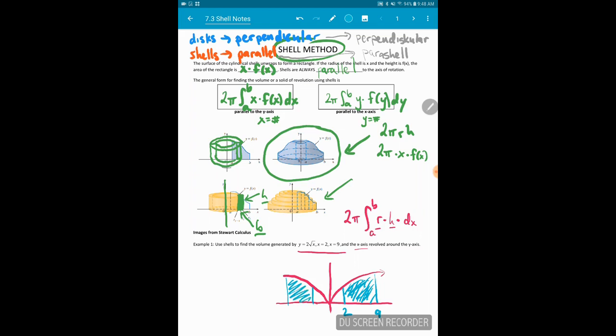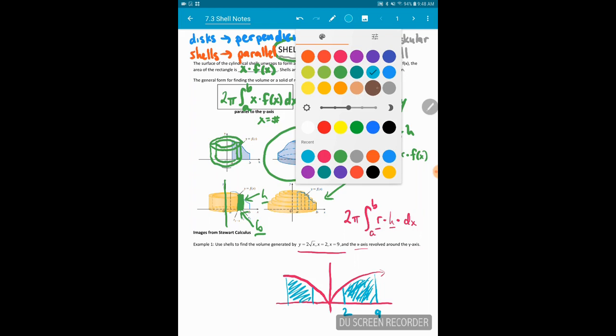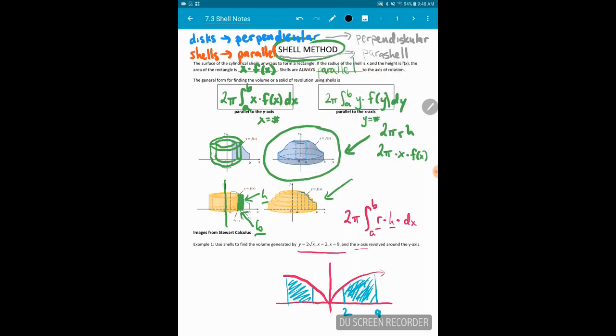And each of these, if I look at it as if I have a small rectangle and I want to sweep that around, I end up with a cylinder that goes all the way around like this.